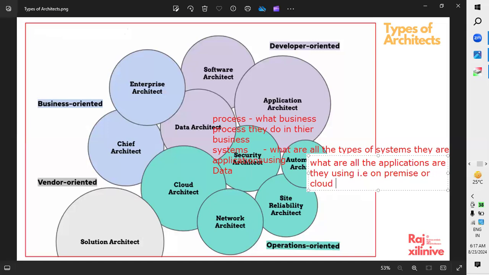But the point to be noted is what applications are we using? These applications may have a combination of two, because some applications are on-premise and some are cloud. For example, a customer is using an on-premise application for core banking, and maybe for ERP they are using some on-premise.